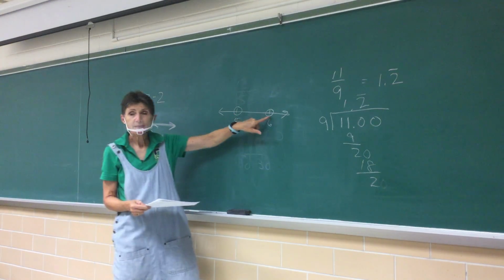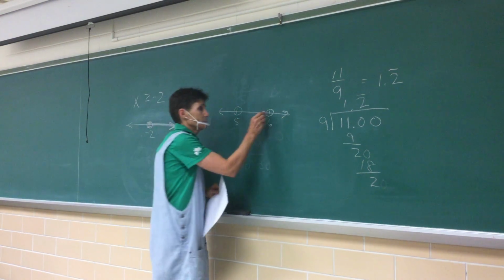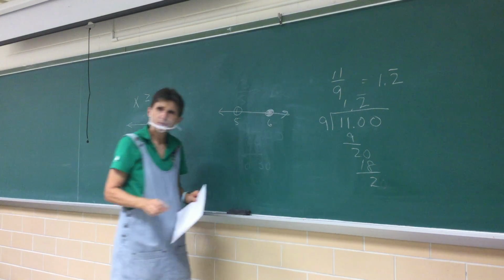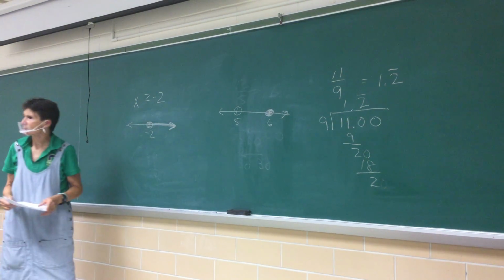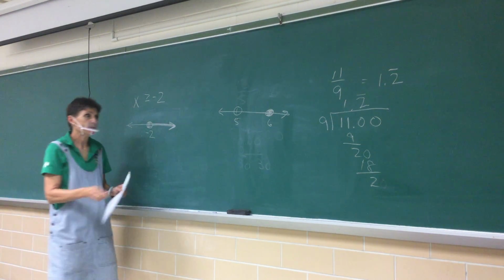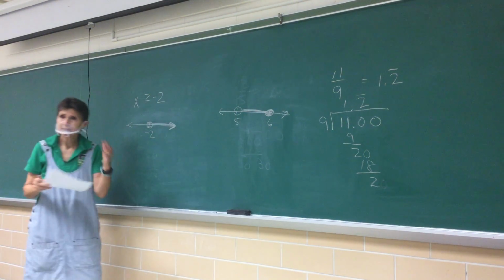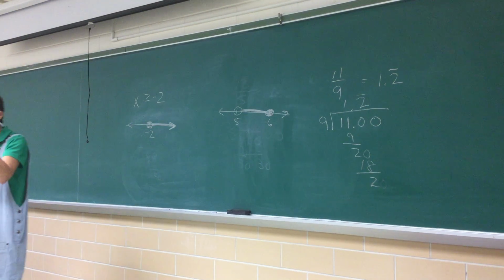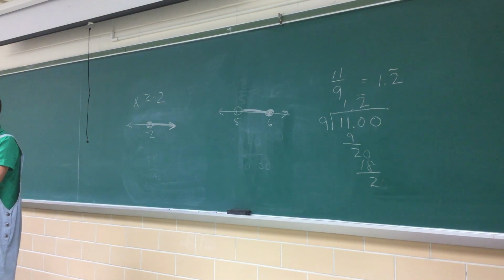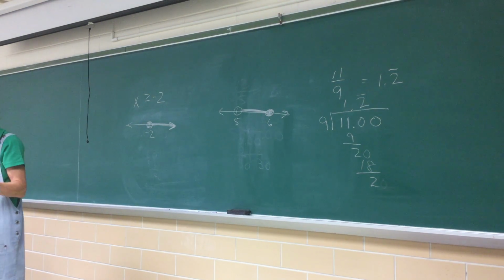Open. How about the 6? Closed. And then what about shading? In between. Very nicely done. Because the problem says that x is between 5 and 6. It's bigger than 5 and less than 6.